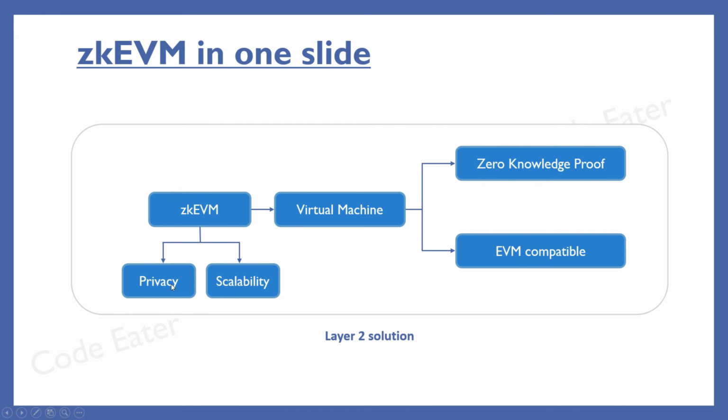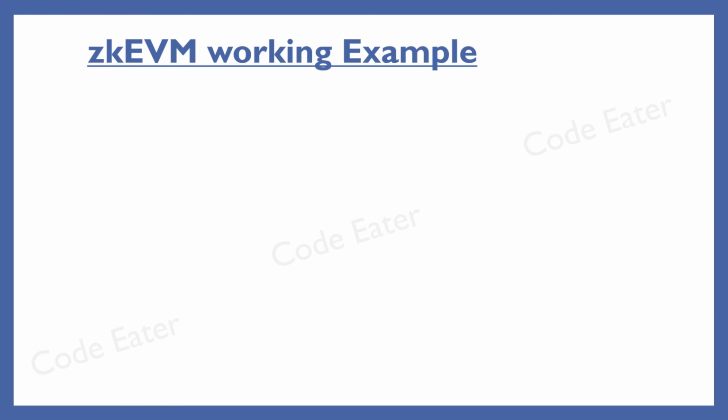So it is not only providing you scalability but also privacy, which is also great, right? So this is what zkEVM is. Okay, now let us understand the working of zkEVM so that we can better understand how it is able to improve the scalability of the blockchain and what other features it has which are going to be very useful to the blockchain community.